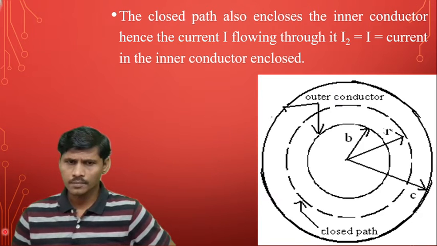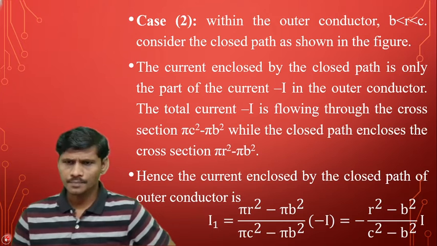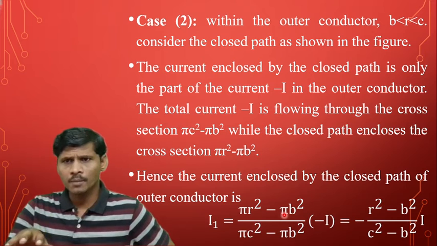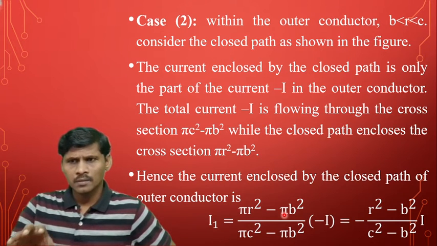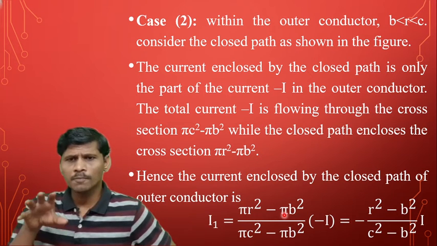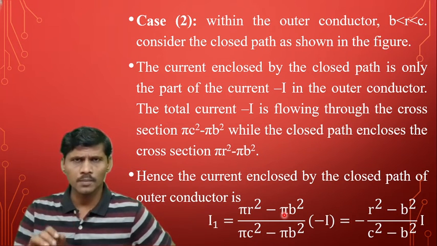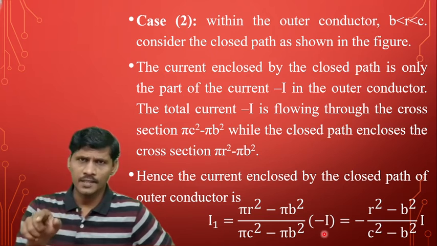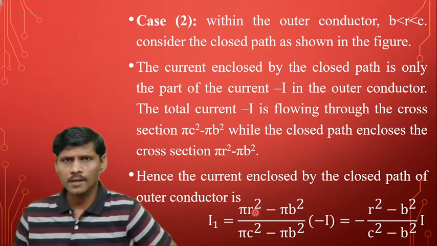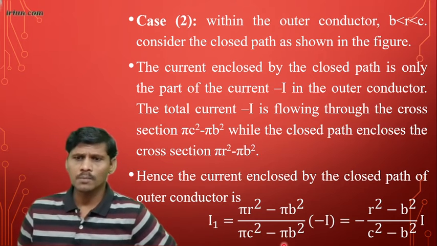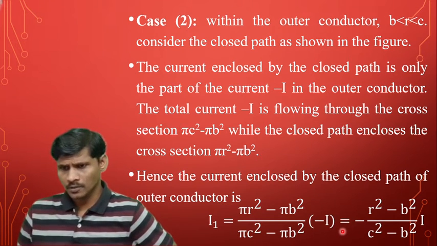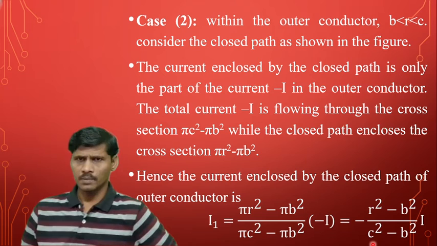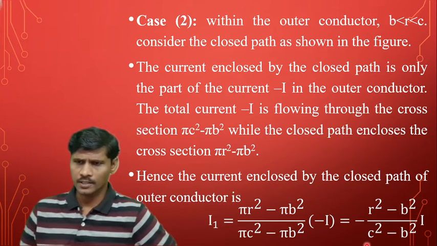The current I1 is the enclosed cross section area pi r square minus pi b square, divided by the cross section area pi c square minus pi b square through which the current flows, into the outer conductor current minus I. So I1 is equal to pi r square minus pi b square by pi c square minus pi b square into minus I. The pi cancels in numerator and denominator, giving minus of r square minus b square by c square minus b square into I. So that is the current I1.